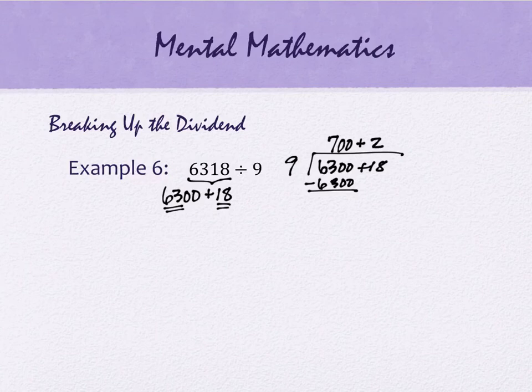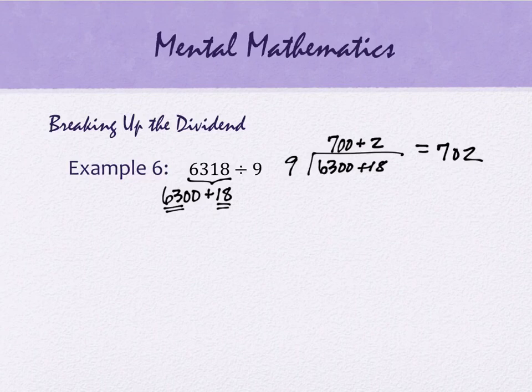What would we be showing work-wise? You probably would show about that much: 6,300 plus 18, 700 plus 2, this is 702. So you've broken it apart, done these two little division pieces because they're nice and easy to do in your head, and then combined the answer back together.